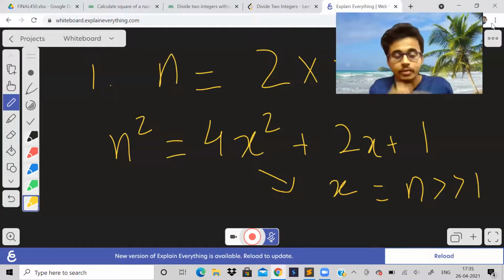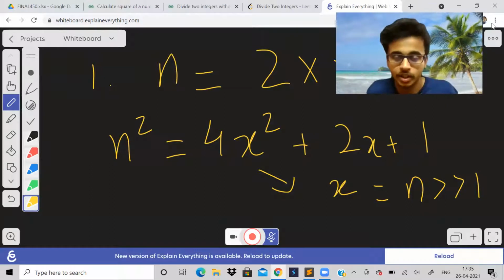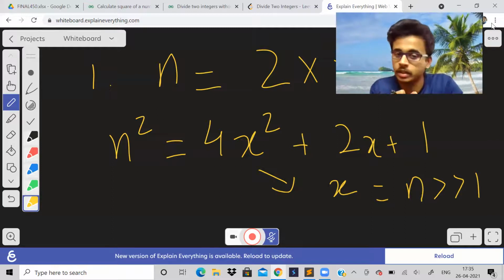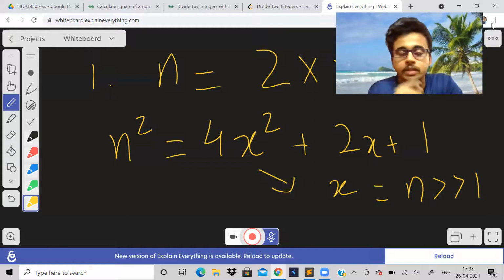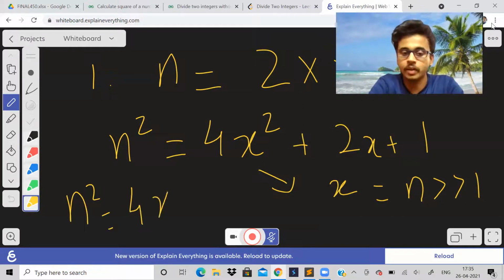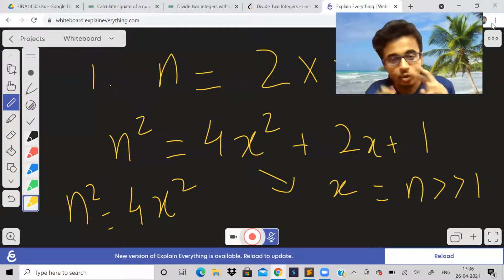So like this, if we form a recursive function, and in the recursive call, instead of n, we form this equation and call this equation, then we can get the answer in log n base 2 time. And if n is even, then n square will be just 4x square.